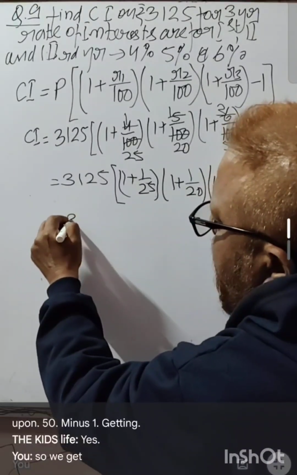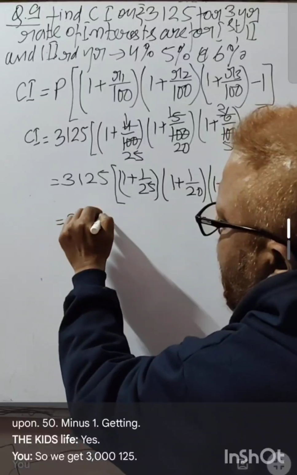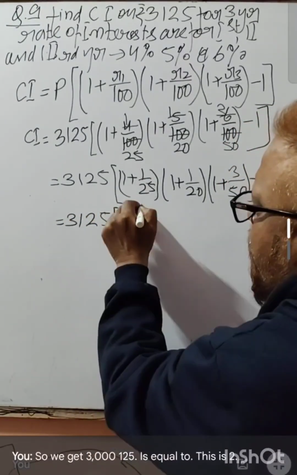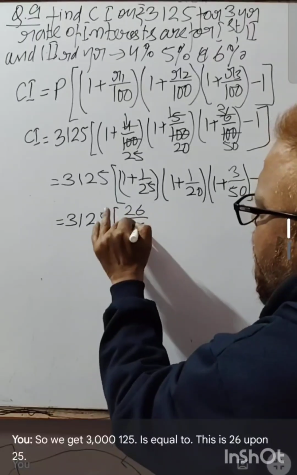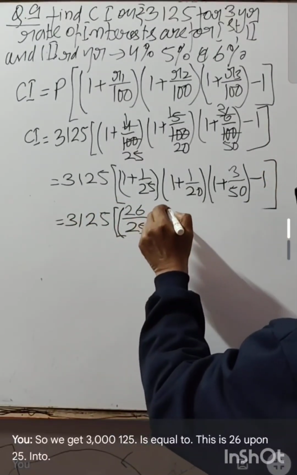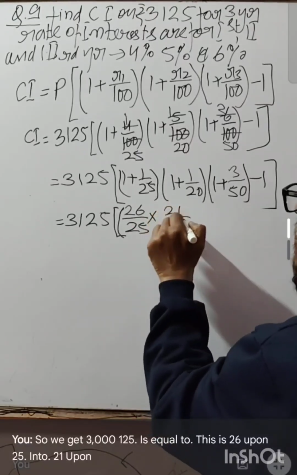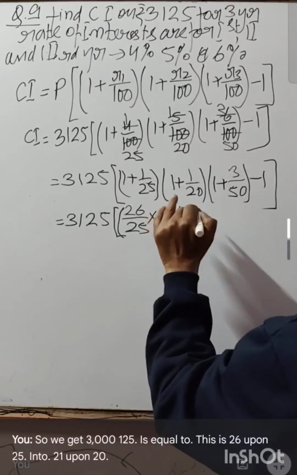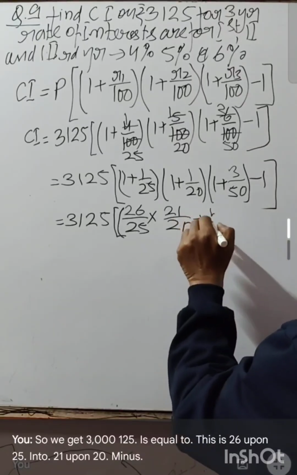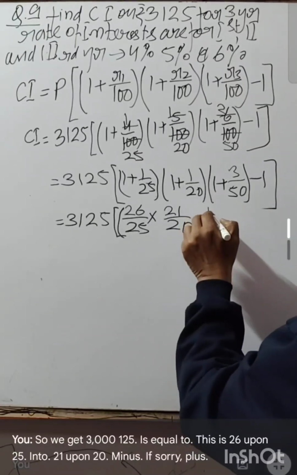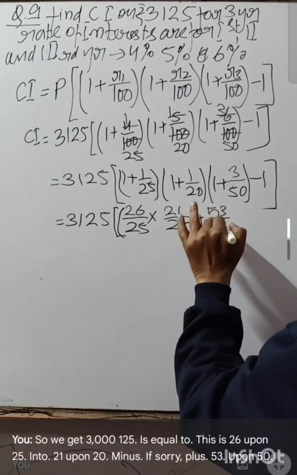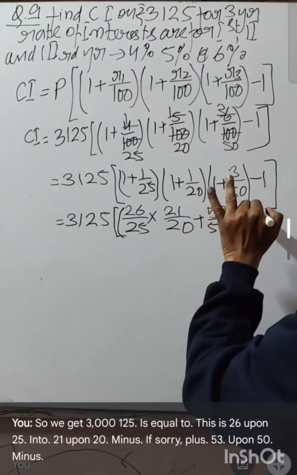So we get 3125 into 26 upon 25 into 21 upon 20 into 53 upon 50, minus 1.